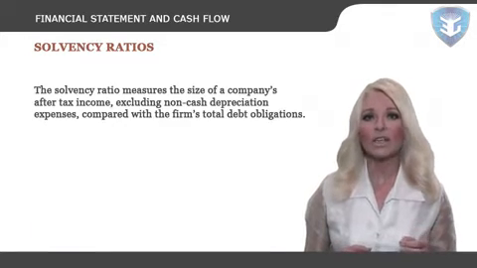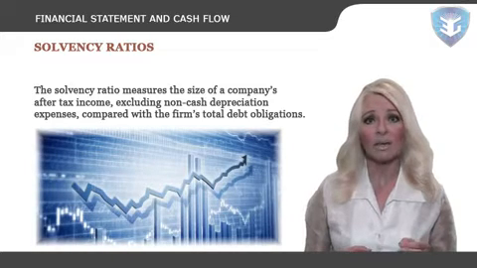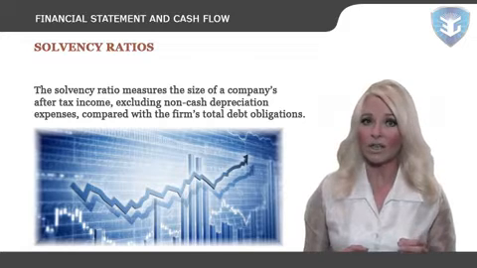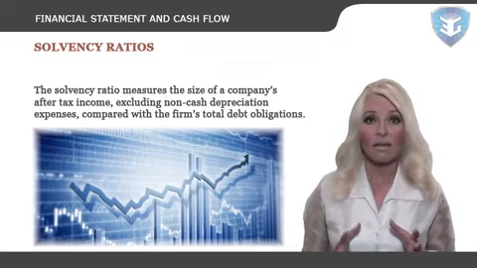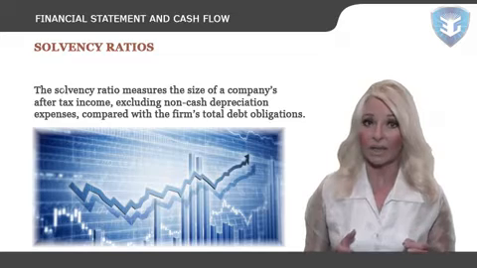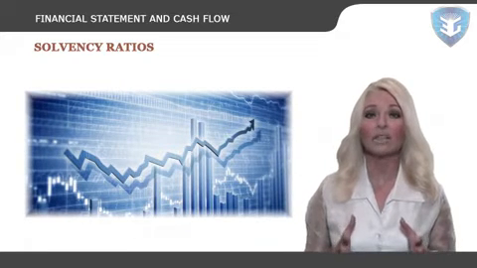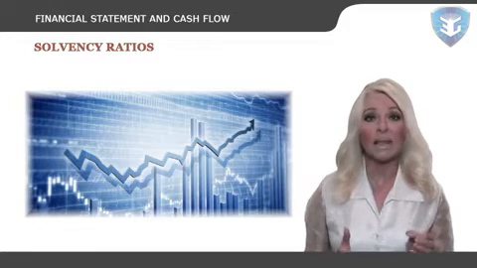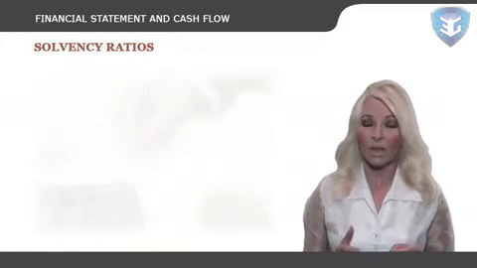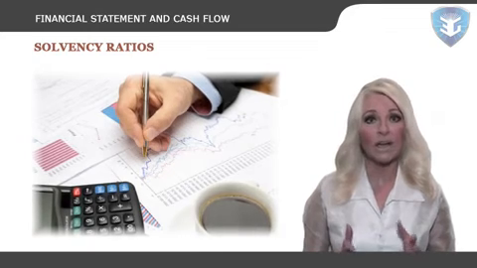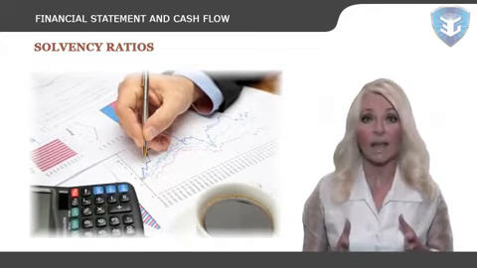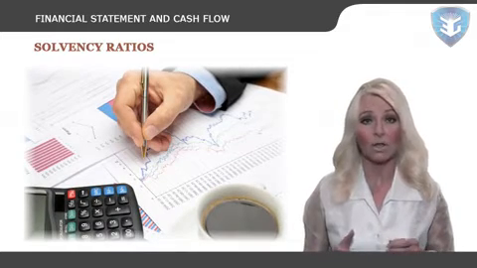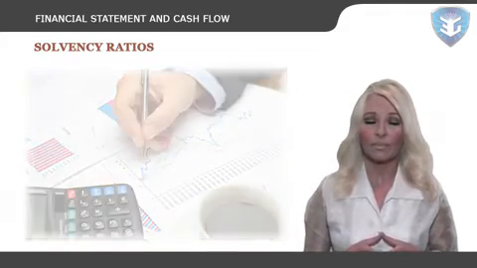The solvency ratio measures the size of a company's after-tax income, excluding non-cash depreciation expenses, compared with the firm's total debt obligations. It provides a measurement of how likely it is a company can continue to meet its debt obligations. Solvency ratios measure the financial soundness of a business and how well the company can satisfy its short and long-term obligations.